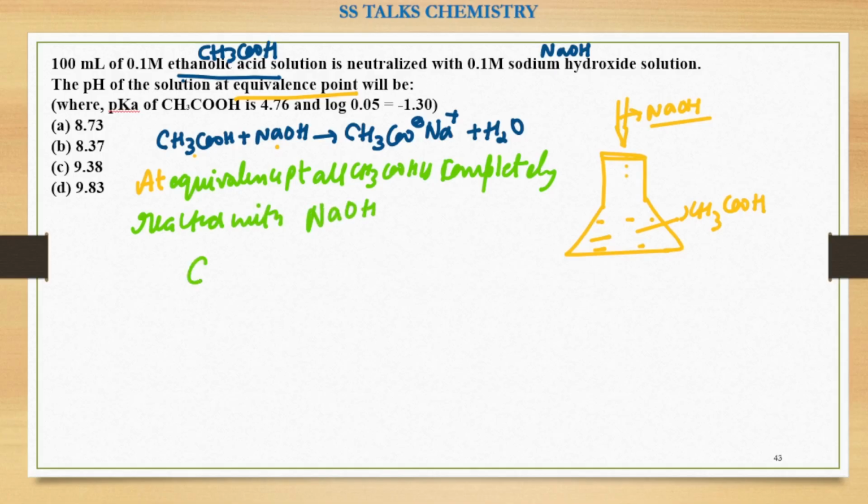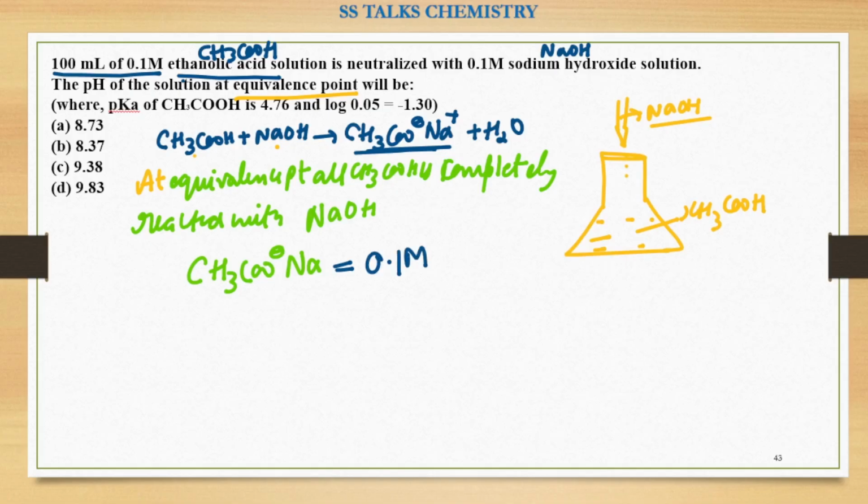That means the sodium acetate being formed depends upon the acetic acid concentration, because that is your limiting reagent. Since equal amounts are given, that is 100 ml of 0.1 normal, the sodium acetate formed will have a concentration of 0.1 molar only, right?